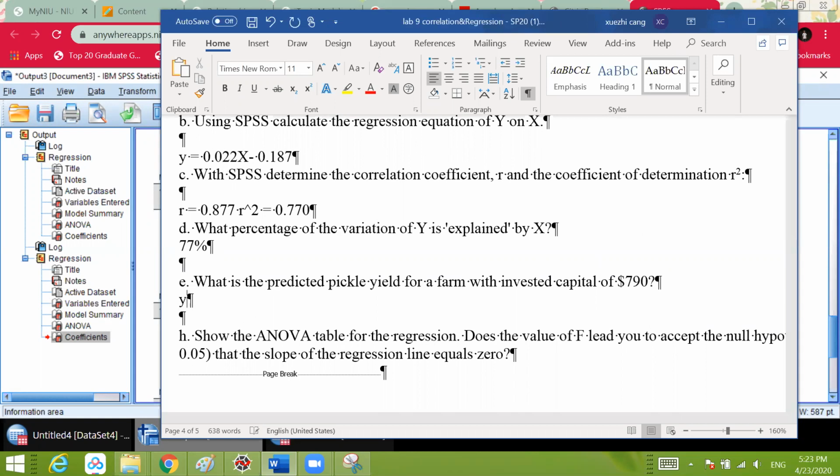So y should equal 0.022 times 390 minus 0.187. Okay. Then the result is the pico yield.